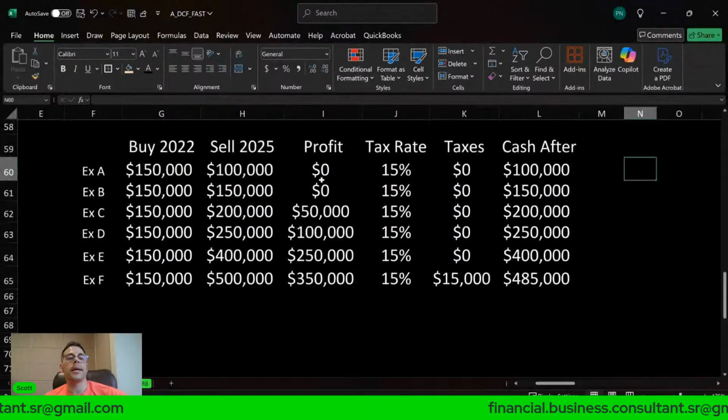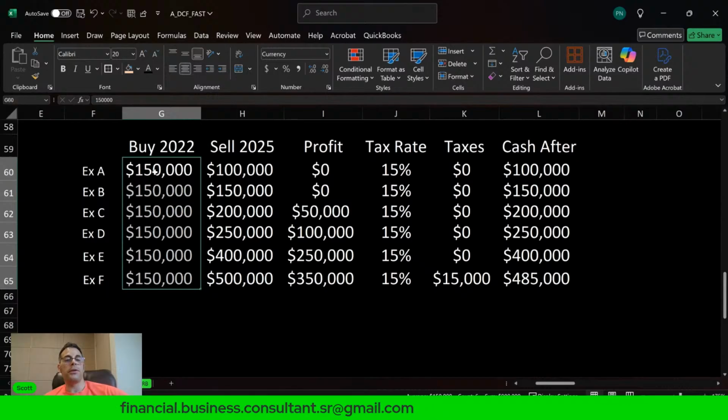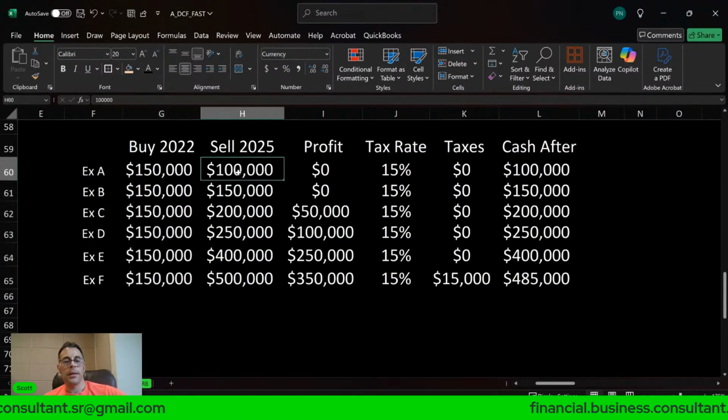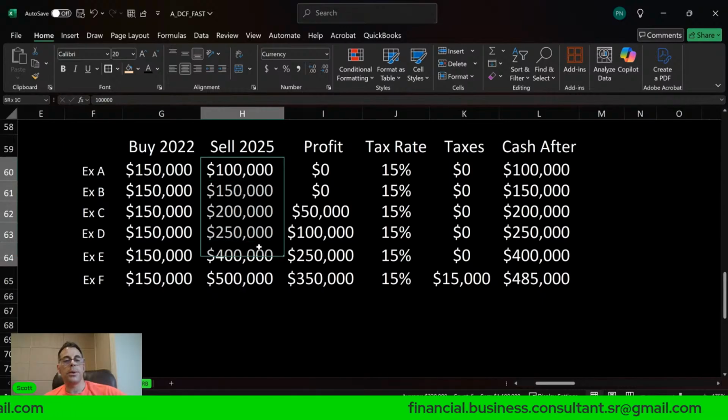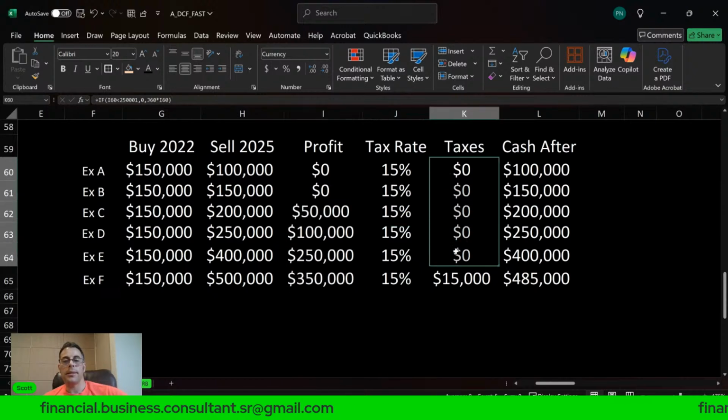Does this chart make sense? This is all the different scenarios. If you buy a home for 150K, and this is what you sell it for, this is your profit, and this is your taxes.